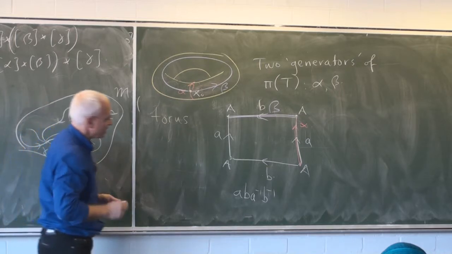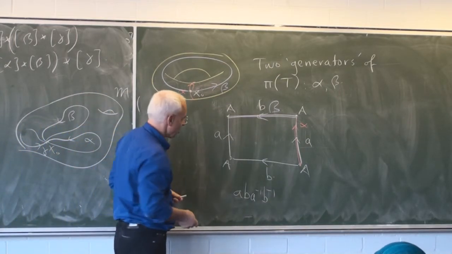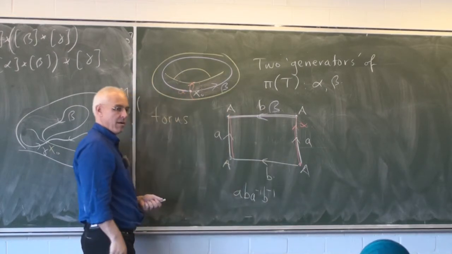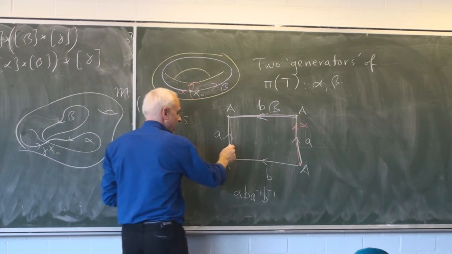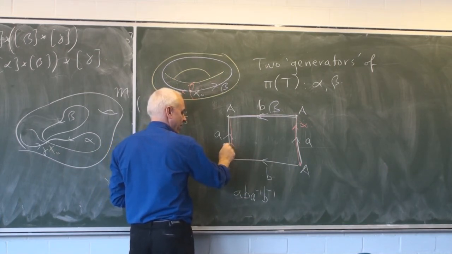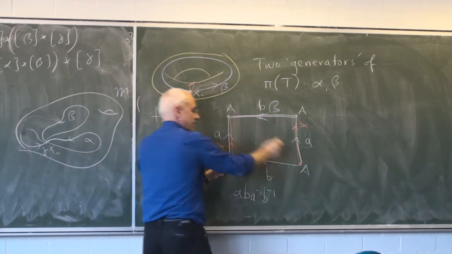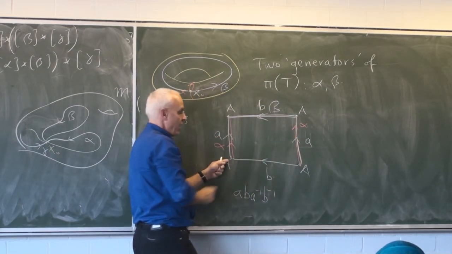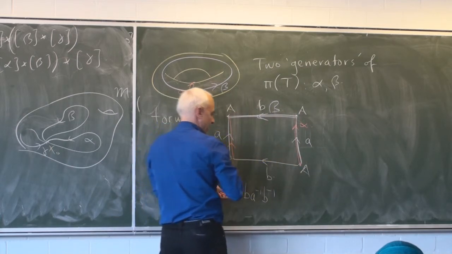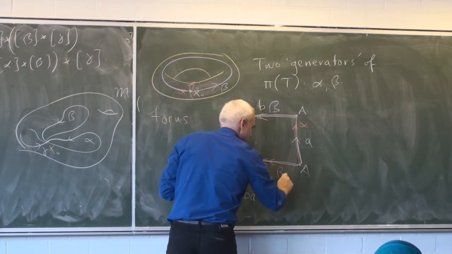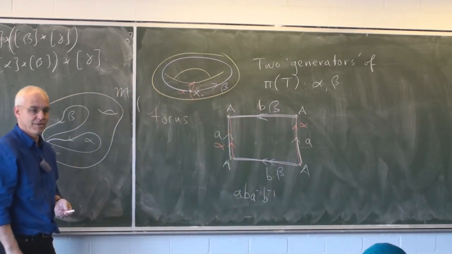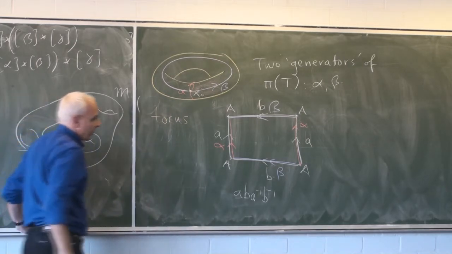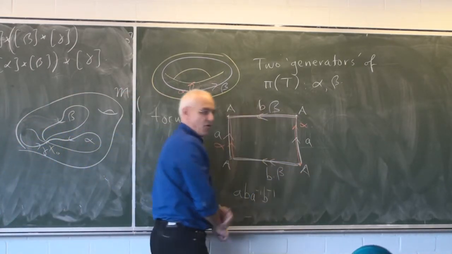And now from this diagram we can see very clearly that there's a relation, because this loop here, this one here, is also alpha. Because this edge and this edge are completely identified. So if we're going to call this alpha, this is also alpha. And because this edge is identified with this edge, then it means that this path here is also beta. And so now what happens if we consider the combination of all four of these?